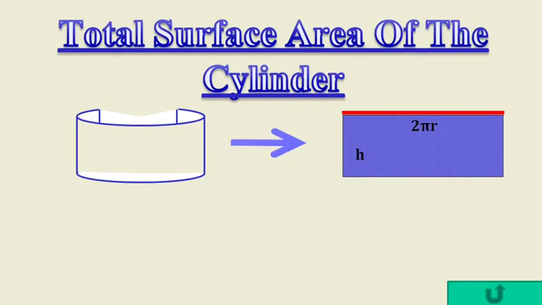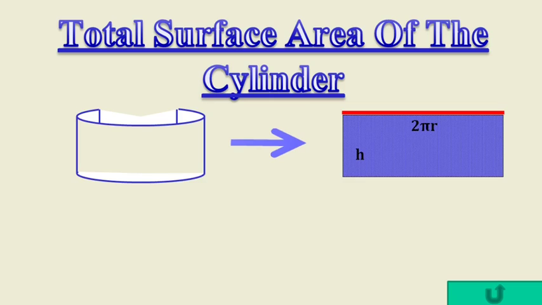Now, the total surface area of the cylinder. Initially this cylinder had two circular surfaces. One was on the top and the other circular surface was taken out from the bottom of this cylinder.